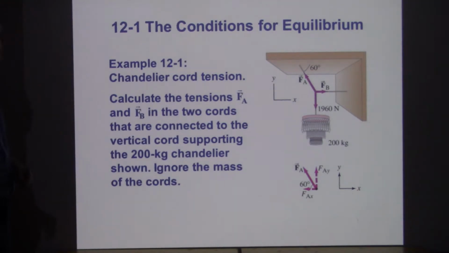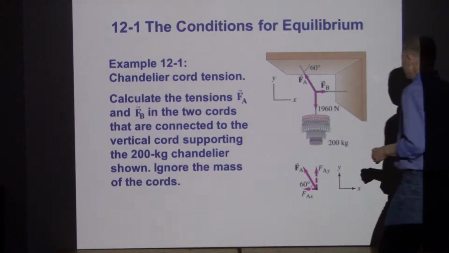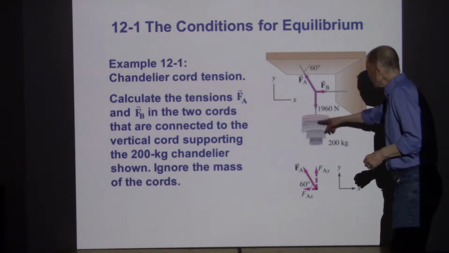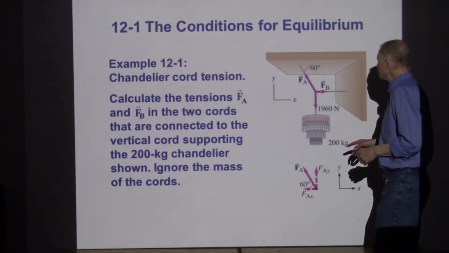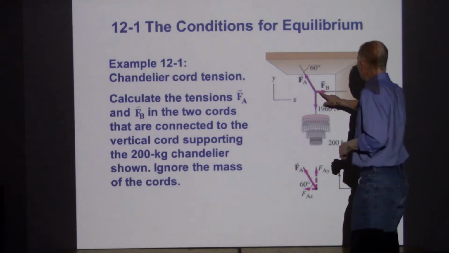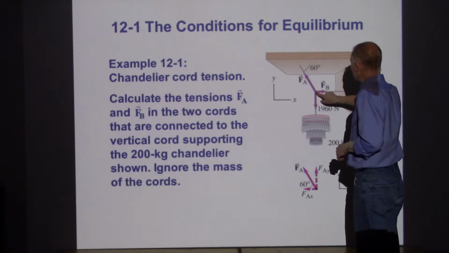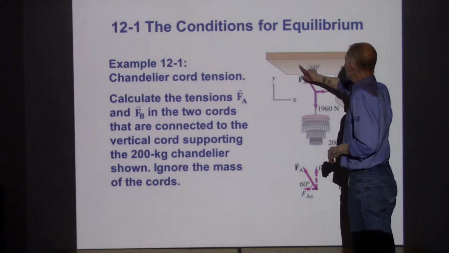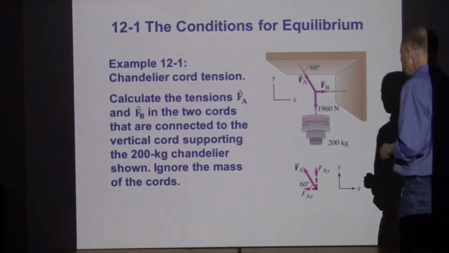So here's our first example. Here is this chandelier. I guess it's a beautiful chandelier, and we are going to artistically support it, I guess. So there's a couple of cords. One is pulled horizontally towards this wall, and then another cord is being pulled up at this direction, and there's a third cord that's actually attached to the chandelier.